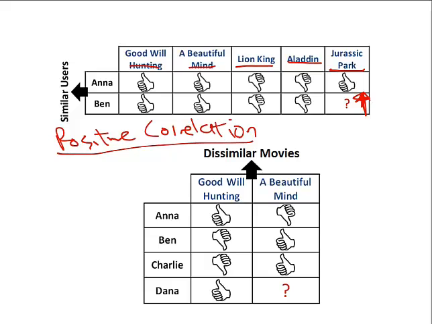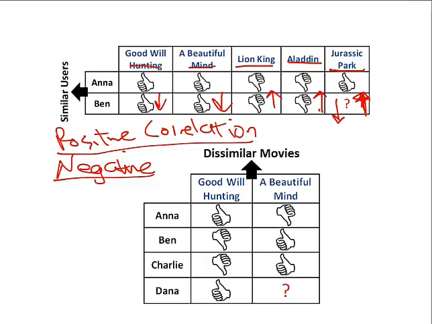So for instance, if we know that Ben didn't like Beautiful Mind, he liked Lion King, and he liked Aladdin, then knowing that Anna likes Jurassic Park would tell us that Ben probably doesn't like Jurassic Park, because they're exactly the opposite. So that so-called negative correlation is also helpful to us. And so we're either looking for a strong positive correlation or a strong negative correlation, and they're both very useful.